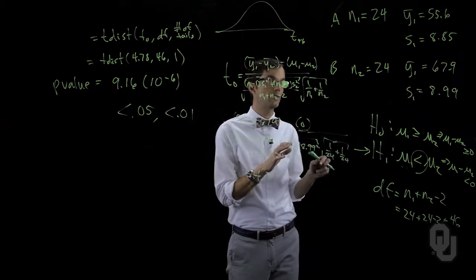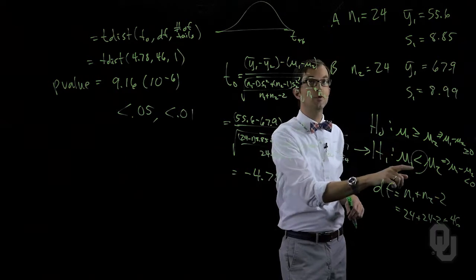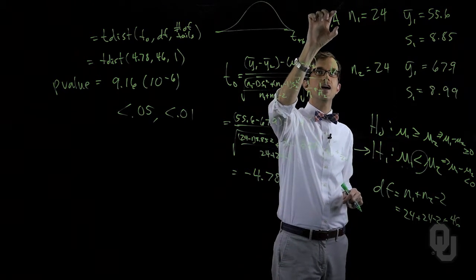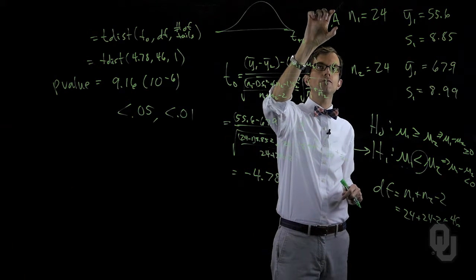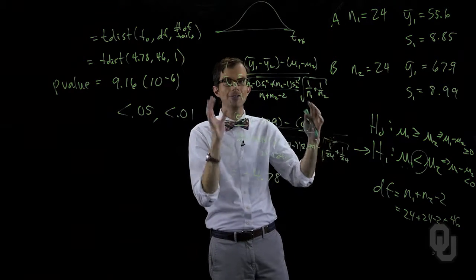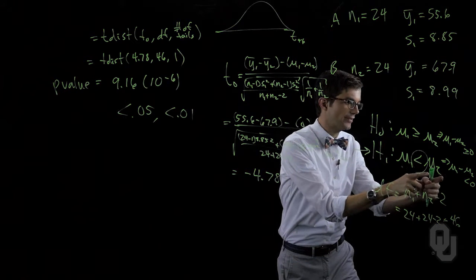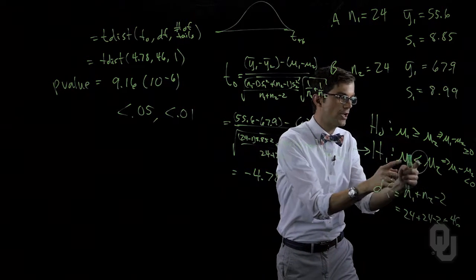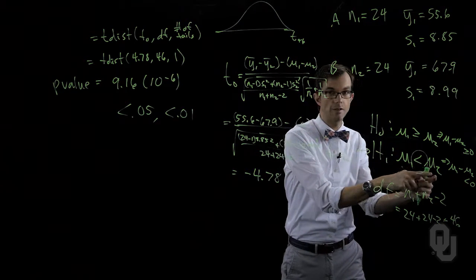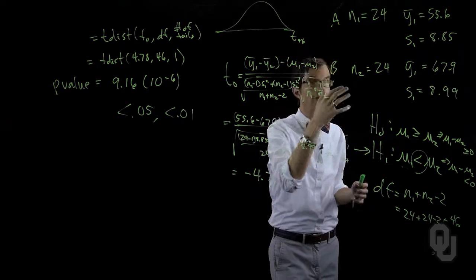What that means in terms of our problem is mu1 is less than mu2. That means machine A has less time between repairs than machine B. That means machine B has a longer time between repairs on average than machine A, because mu1 is less than mu2, therefore mu2 is bigger than mu1.